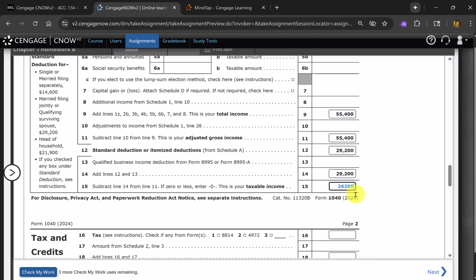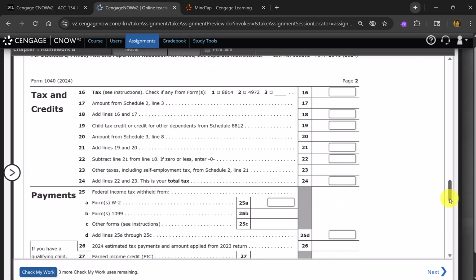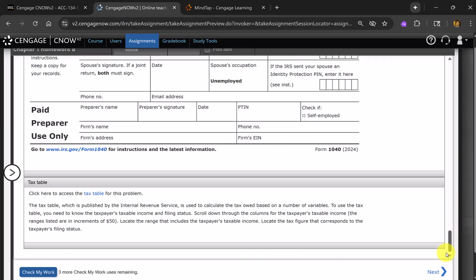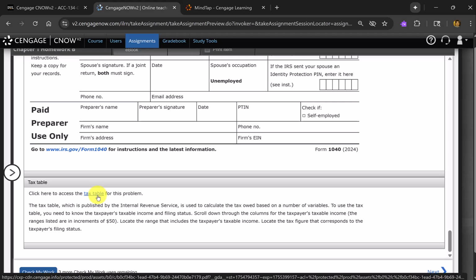If the amount of taxable income here is $100,000 or larger, we would use something called the tax rate schedule, or the tax worksheet, also in the instructions to the 1040 form. And typically, we're given a link here in the last page, this page 4, to bring up the tax table so we don't have to download the whole 1040 instructions.